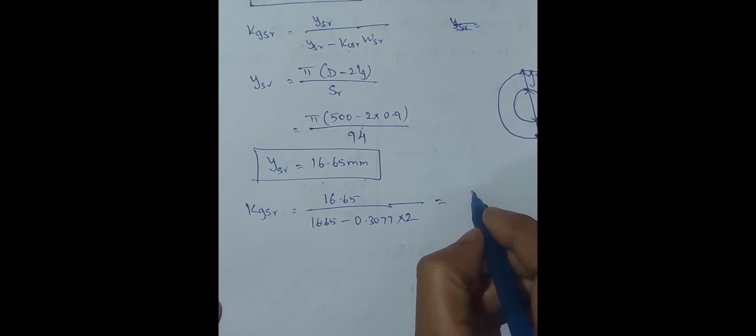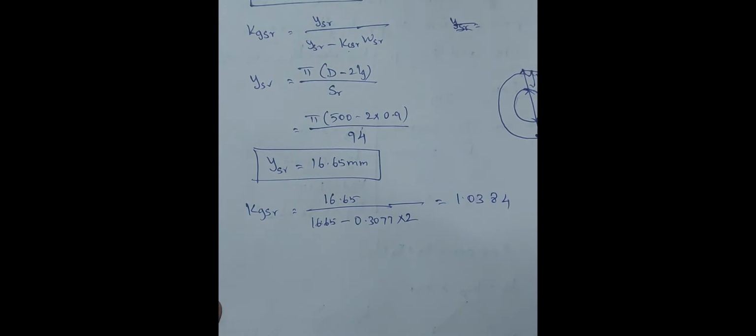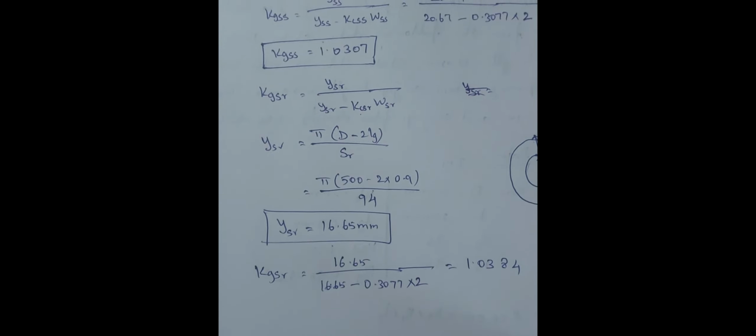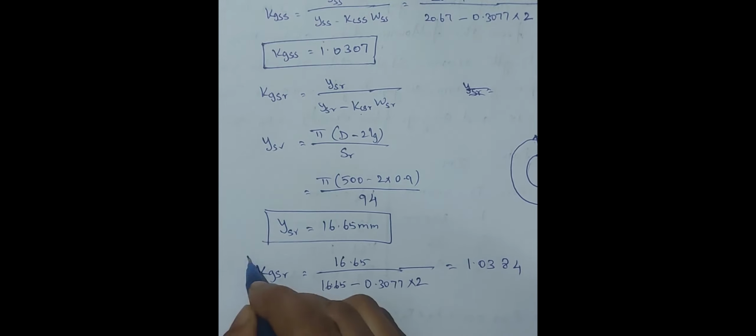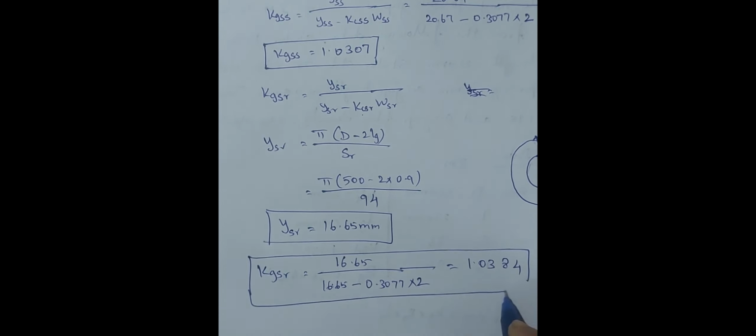Simplifying this we will get 1.0384. So now we have got the KGSS value as well as the KGSR value, clear.